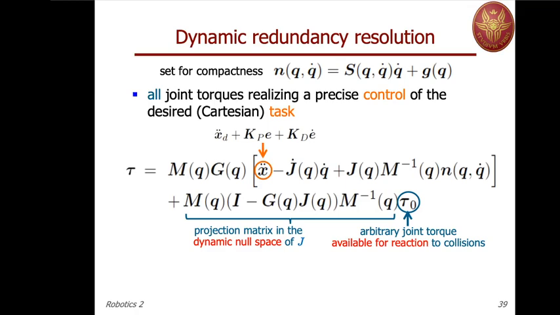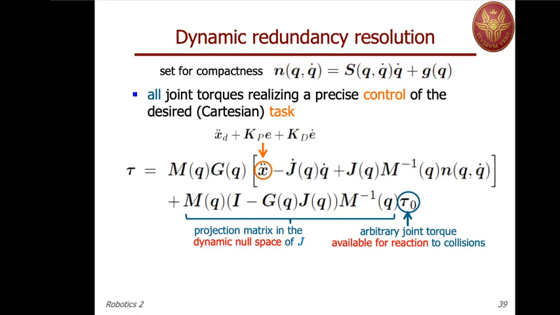For instance, in the reflex strategy, we will choose tau 0 equal to kr times the residual, and this will not affect the task as long as the residual is kept limited or even reduced, because we are mitigating the effect of the contact by the choice of tau 0.